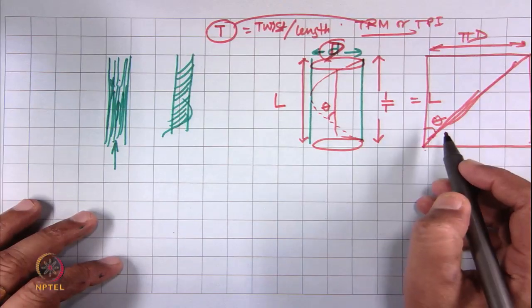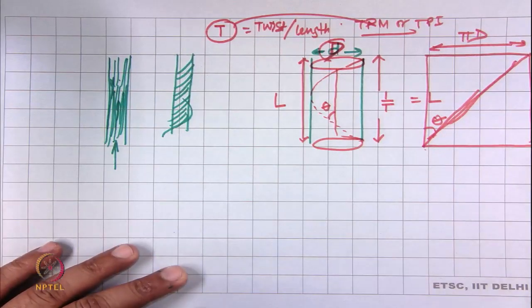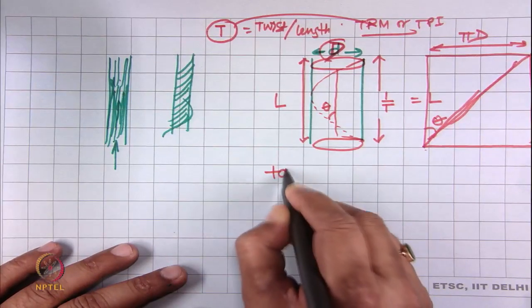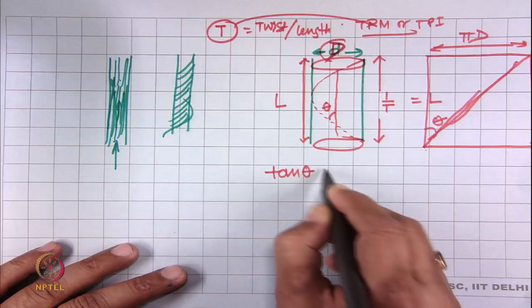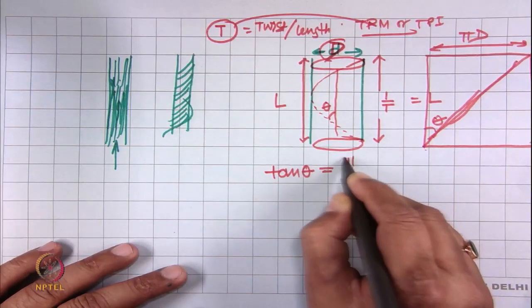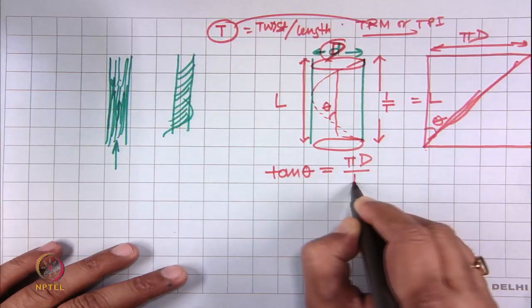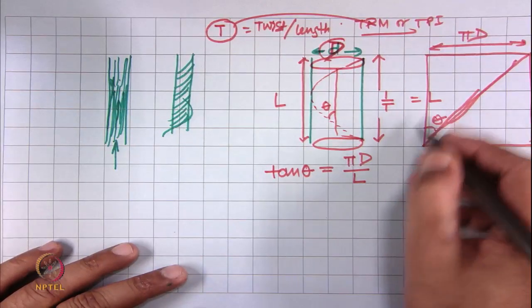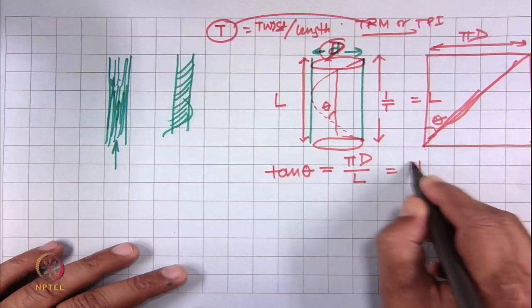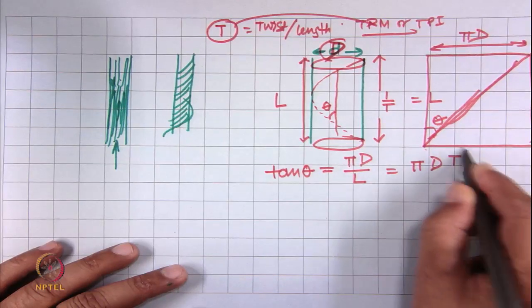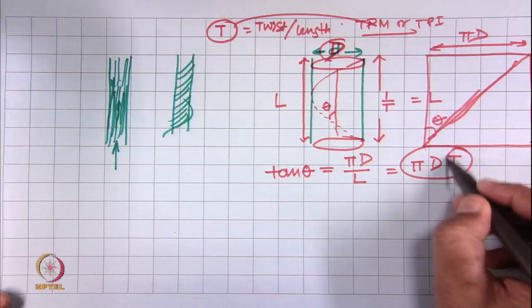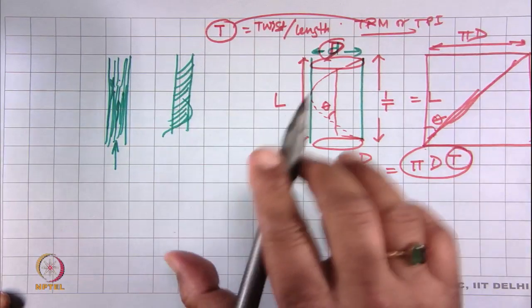Now, if we want to measure the twist angle theta, here tan theta will be pi d by L, okay, and 1 by L equal to T. So, we can write pi d T. T is the twist per unit length. Okay.